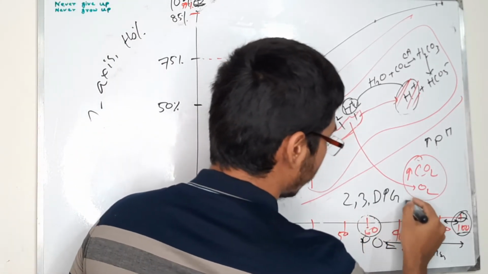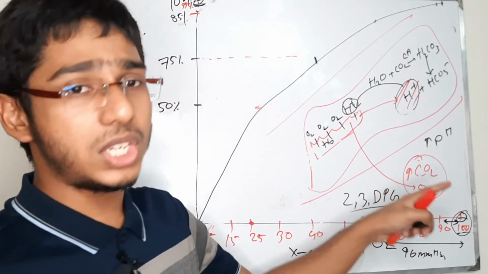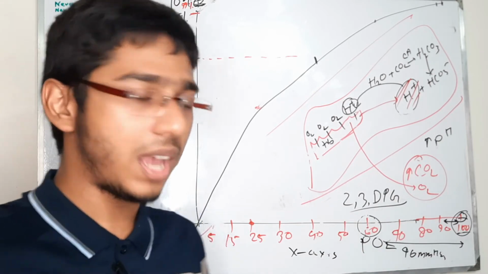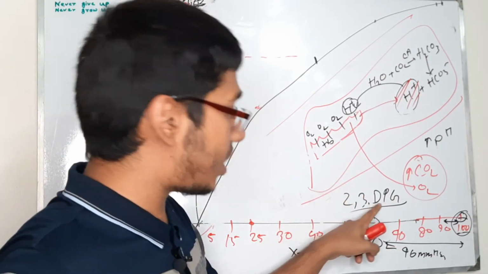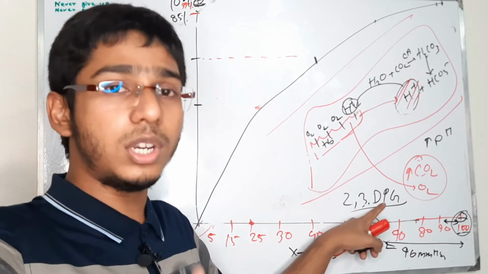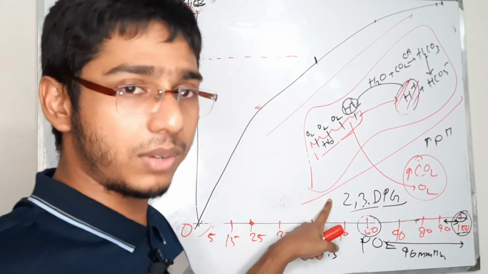Some people call it 2,3-diphosphoglycerate, or many people call it 2,3-BPG instead of DPG. Same thing, however you go by, the same phenomenon will arise. So 2,3-DPG, diphosphoglyceric acid, or 2,3-BPG, bisphosphoglyceric acid, will indicate the very same thing.